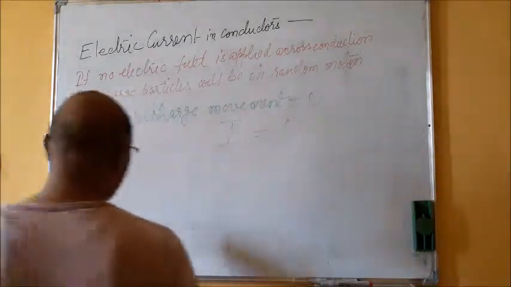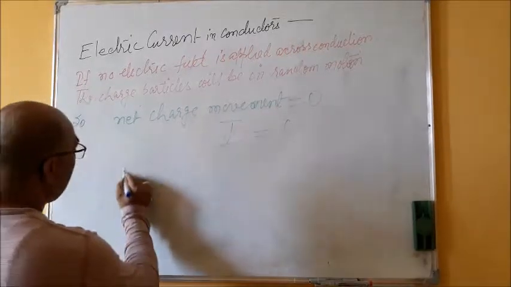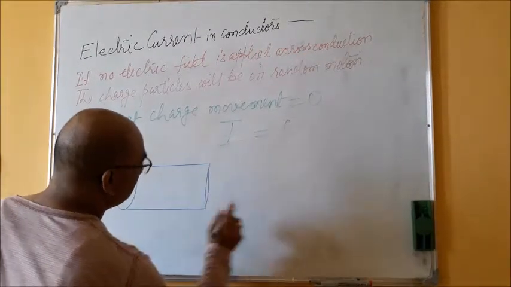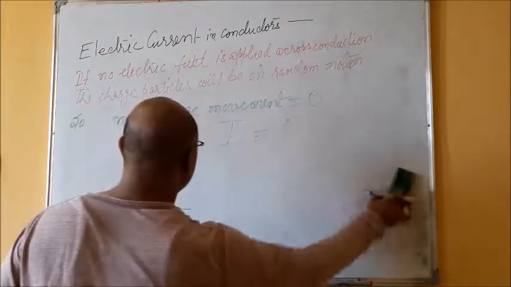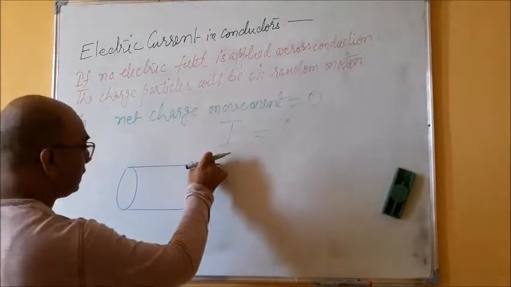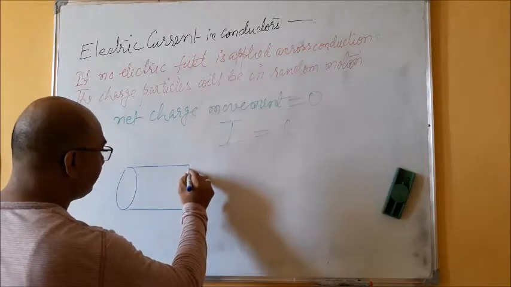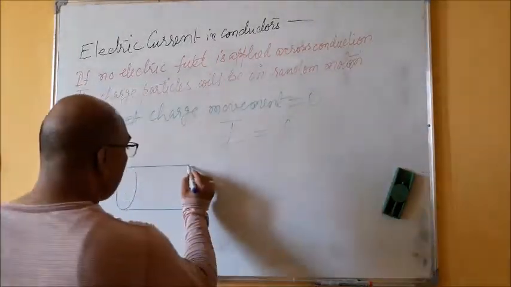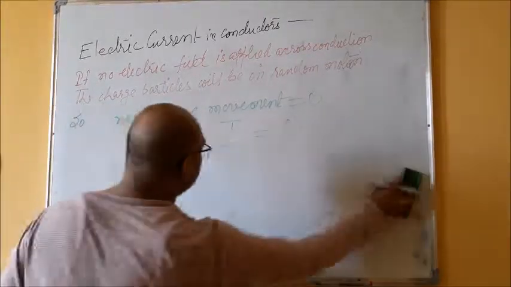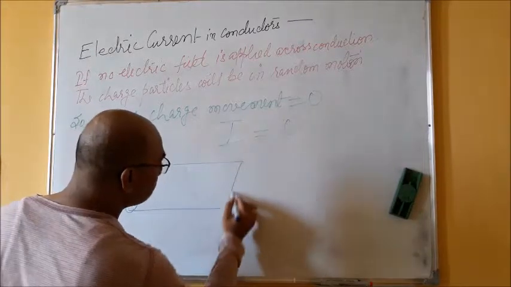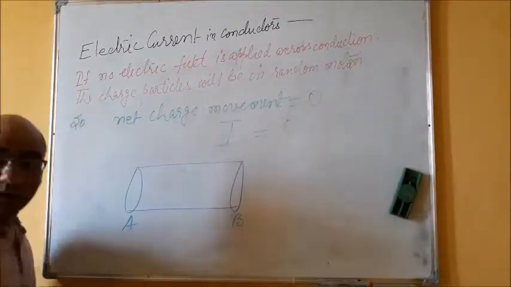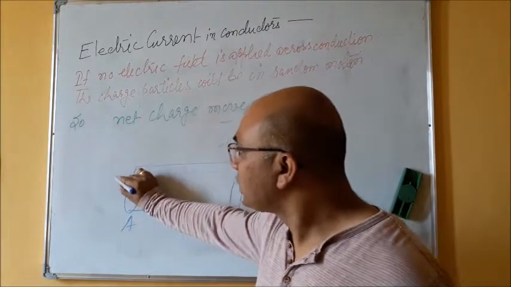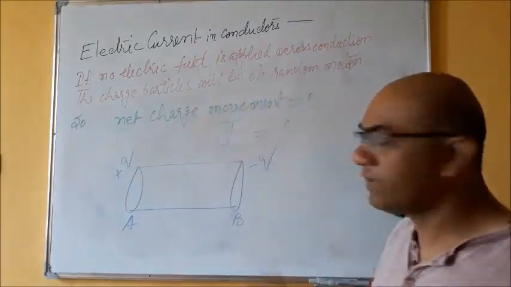Suppose I have this conductor. On this conductor we have two surfaces, suppose surface A and surface B. Initially we are providing plus Q charge here and minus Q charge here, right?